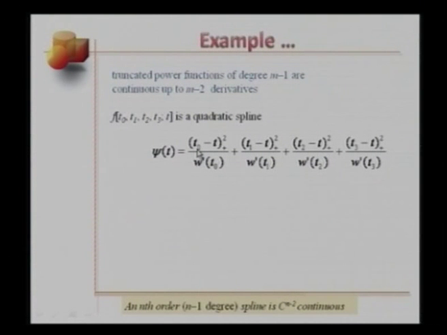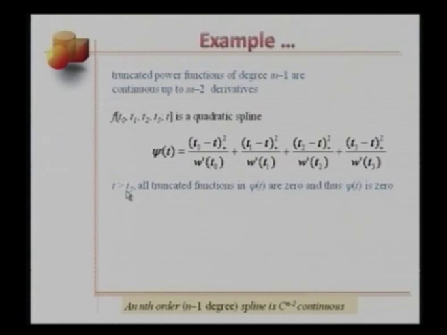In terms of the knots t0, t1, t2, and t3, this is how the algebraic expression of Newton's divided differences would be. Psi of t is equal to (t0 minus t) truncated the whole squared over w prime of t0 plus (t1 minus t) truncated squared over w prime at t1 plus (t2 minus t) truncated squared over w prime at t2 plus (t3 minus t) truncated the whole squared over w prime of t3.